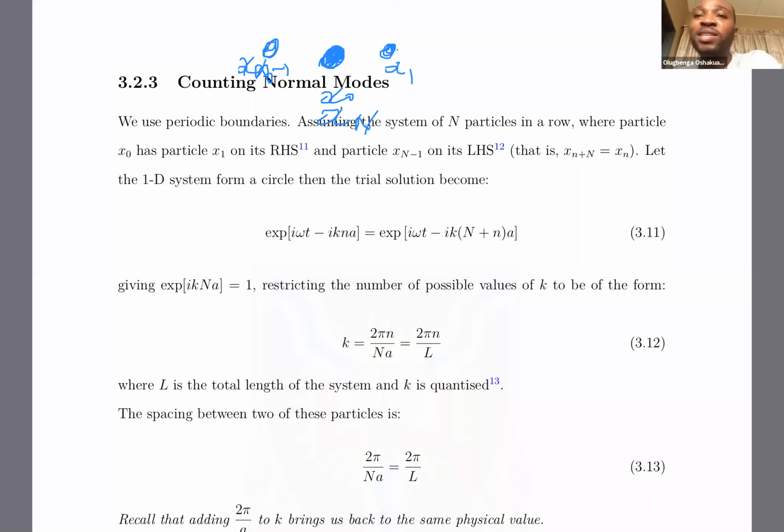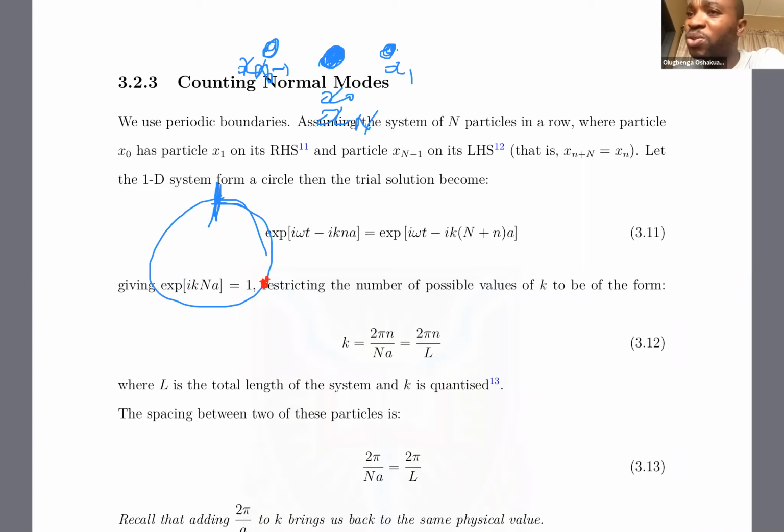So let the 1D system form a circle. We have done that before when we were talking about periodic boundary conditions, where we spoke about having a length L forming a circle such that when you move through the circle once, you get to this point. When you take another arbitrary point and move from this point plus length L, you return here.